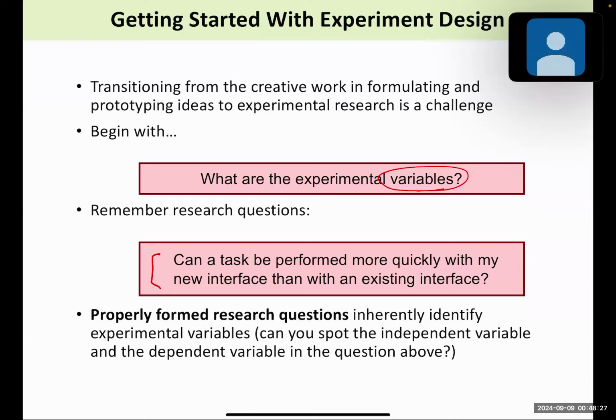Properly formed research questions inherently identify experimental variables. So here, in this research question, the independent variable can be the interface, the new interface versus the existing interface, and the dependent variable will be the speed of the task, right?